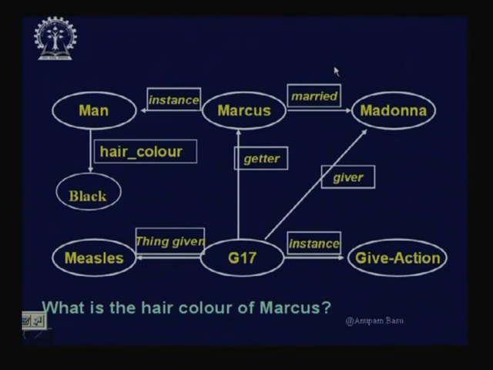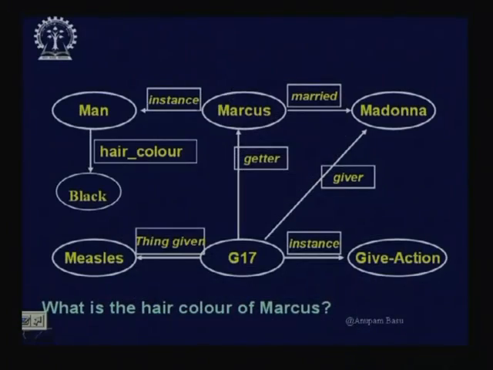Now, this is a semantic net. Marcus gave Madonna measles, that sort of example we have already seen. Now, if in this case we want to answer the question, what is the hair color of Marcus? Obviously, the query net will be Marcus with an edge hair color X, which we do not know.